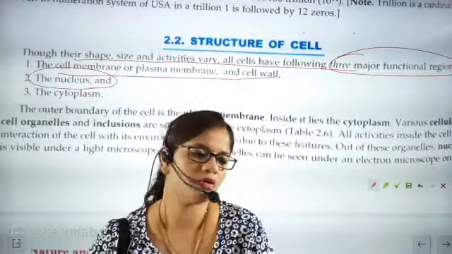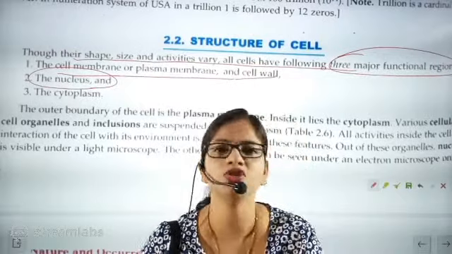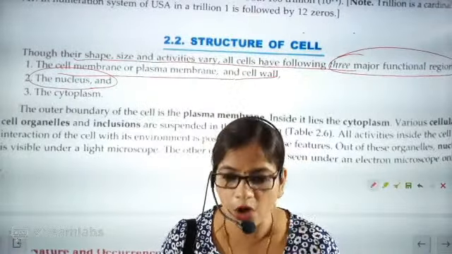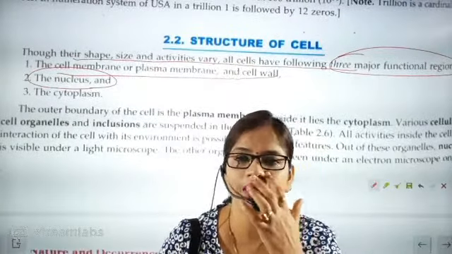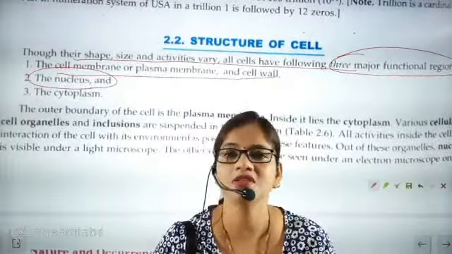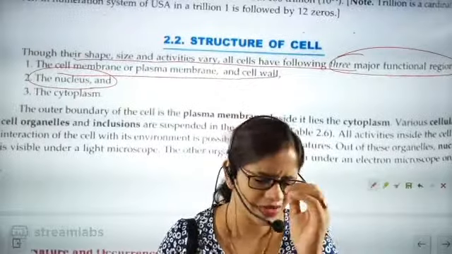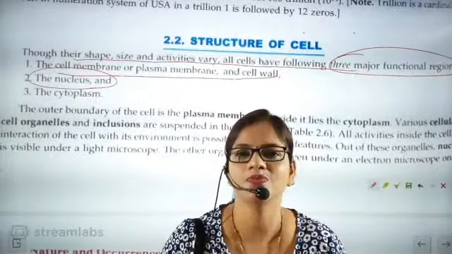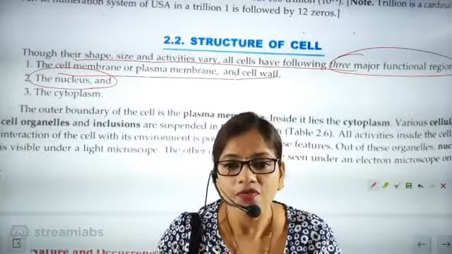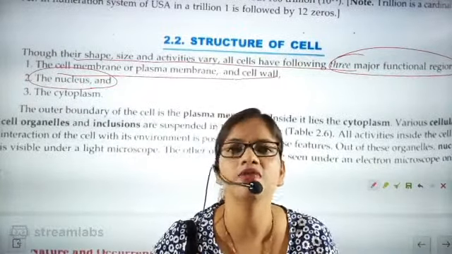But beta, organelles are also there, and organelles do a very important job. Since organelles also play a very vital role, we cannot ignore their presence. We know that they are doing their vital job.